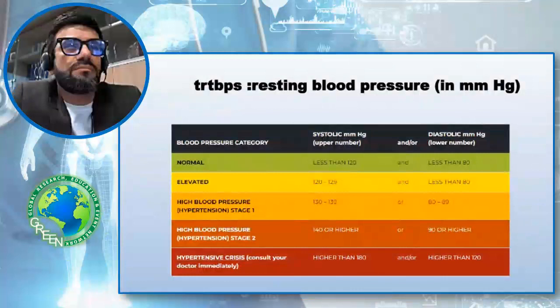Elevated resting blood pressure, known as hypertension, can increase the risk of heart disease, stroke, or other health issues. Monitoring TRTBPS is essential for diagnosing, managing, and preventing hypertension.